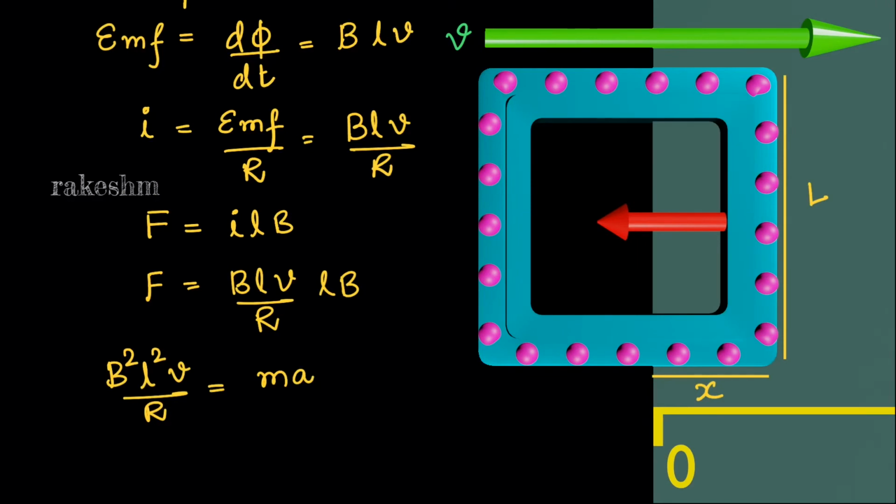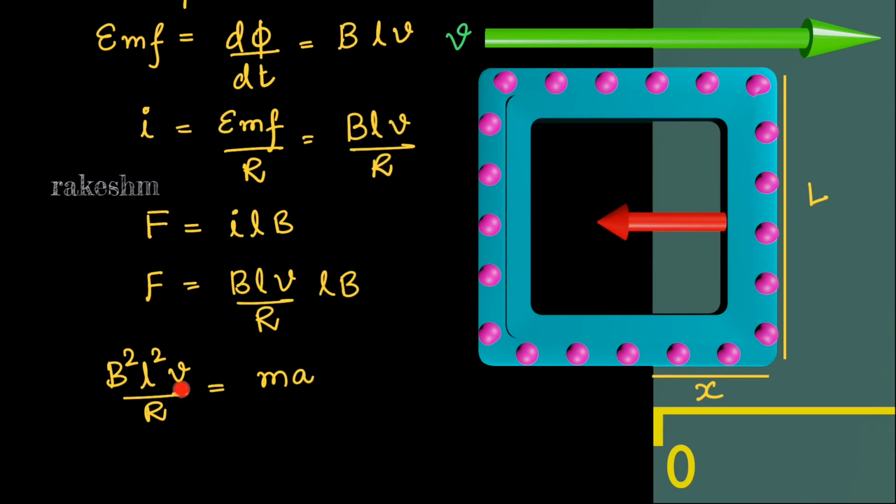The force acting on this loop is nothing but I into L into B, specifically on this part of the loop. So the current value we get from here, which is BLv by R. So F equals BLv by R into L into B. The net force on the loop is B square L square v by R, which equals the mass into acceleration of the loop.